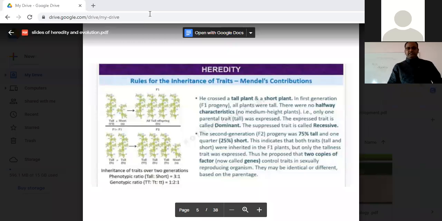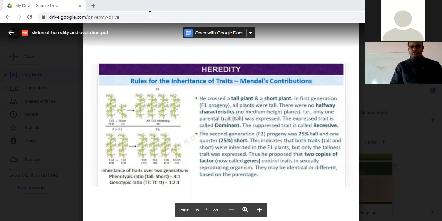Yes, Aryan, what is a monohybrid cross? Monohybrid cross is a cross involving a single pair of contrasting characters. Okay, very good, Aryan.